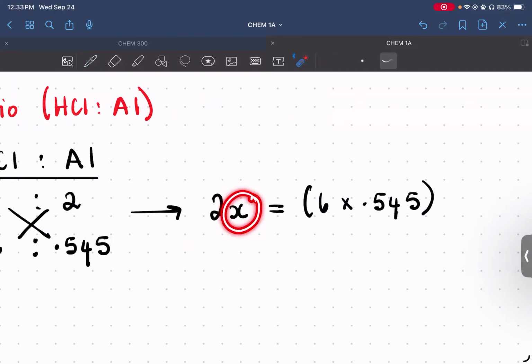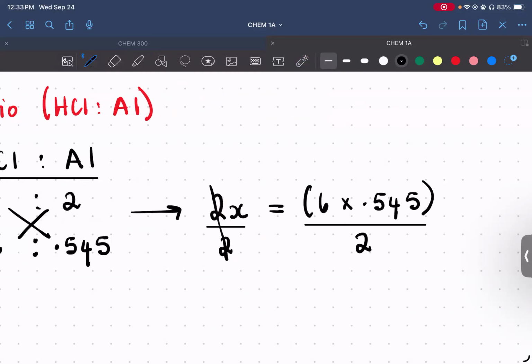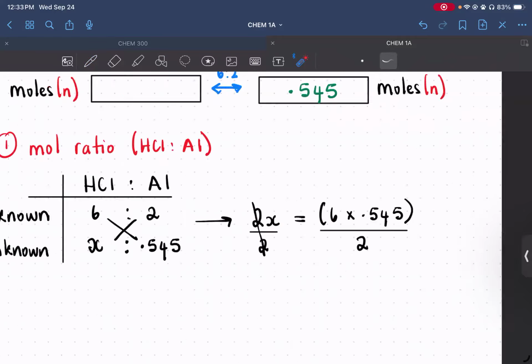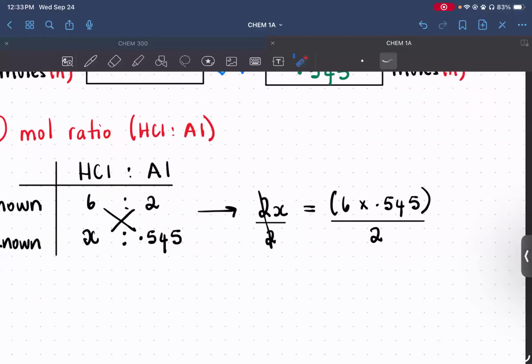Ultimately, we're trying to solve for X. So to get X alone, we're going to divide both sides by 2. This gives us a very easy expression to calculate X: 6 times 0.545 divided by 2.